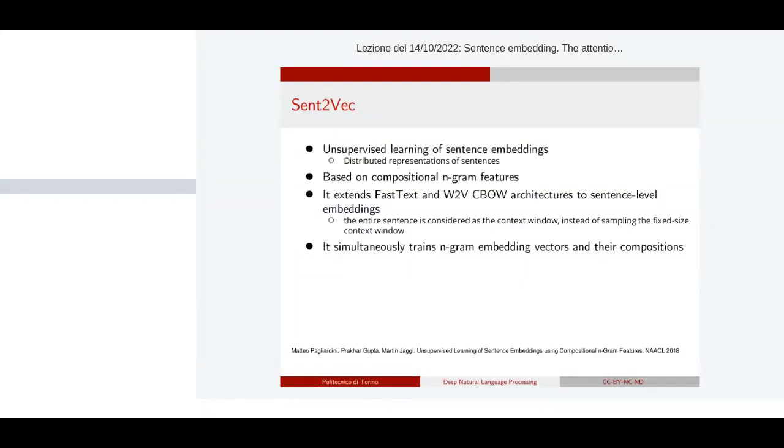You do sentence tokenization in order to split sentences, and then you consider the context window as the entire sentence. And then you train both n-gram embeddings and their composition, which is the main target of our application, which is the sentence-level representation.